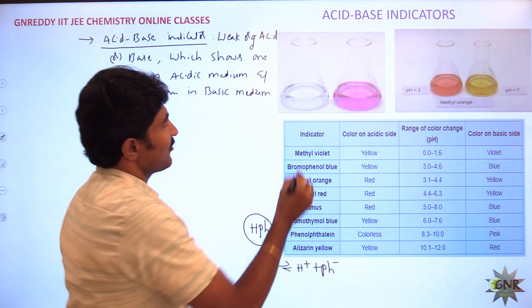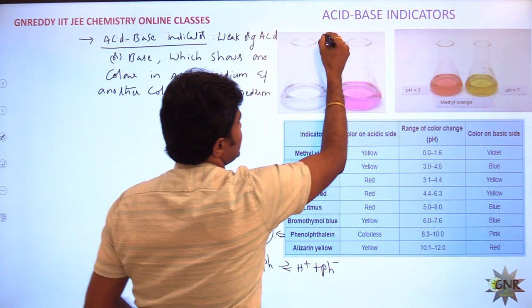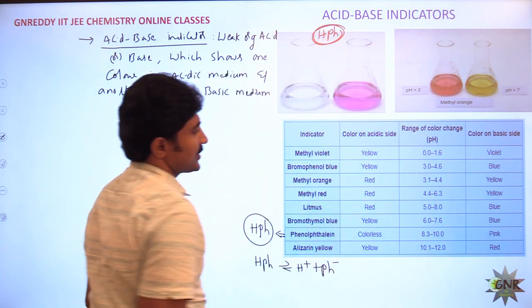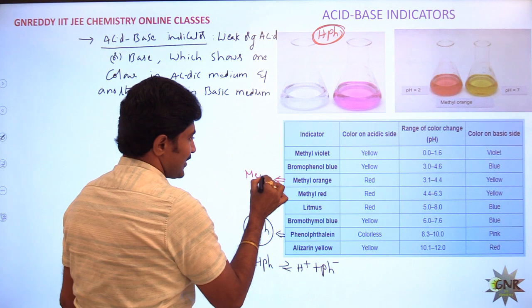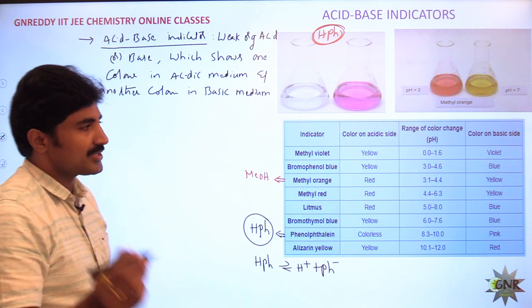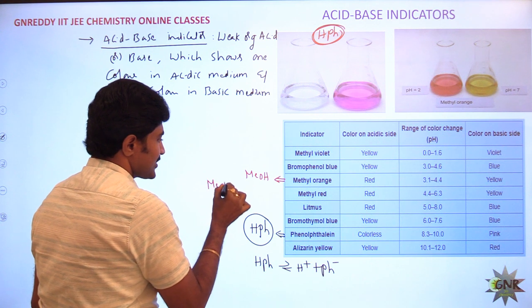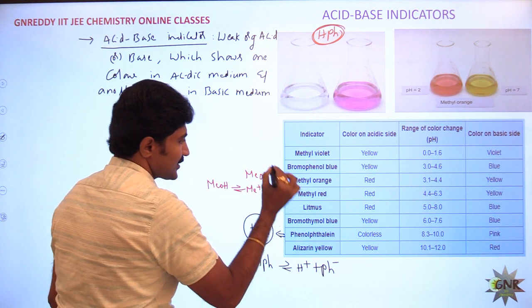Okay, this is the phenolphthalein indicator. And methyl orange, this representation is MeOH because it is the weak organic base, and this gives, at equilibrium, Me+ and OH- ions.